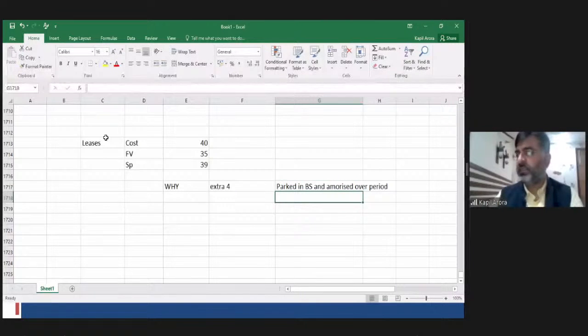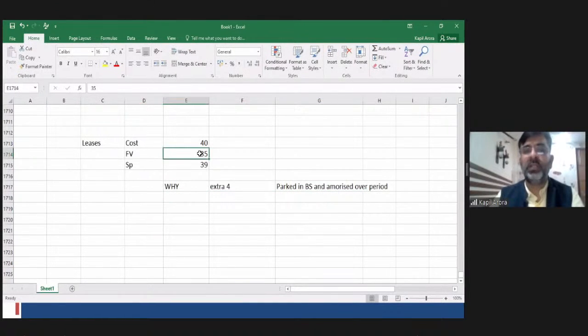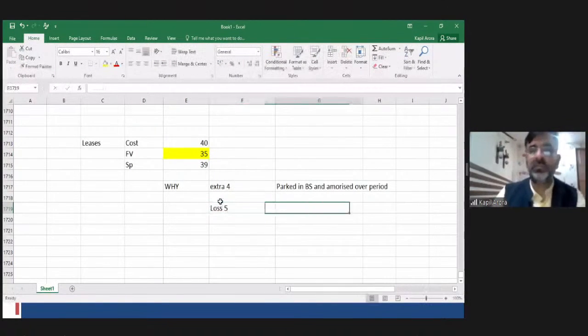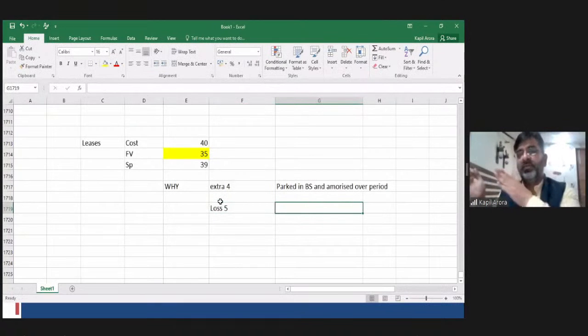But the point is that when you are considering 35, the cost is 40. It means at the same time, if you are parking 4 profit, there was a loss which you are considering right now. You came from 40 to 35 and then sold it at 39.